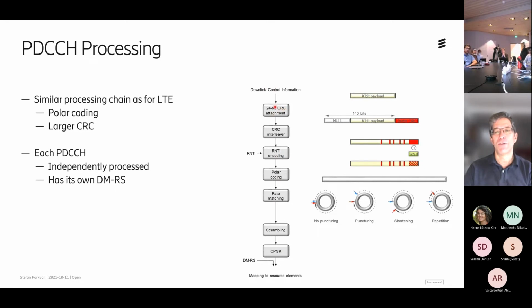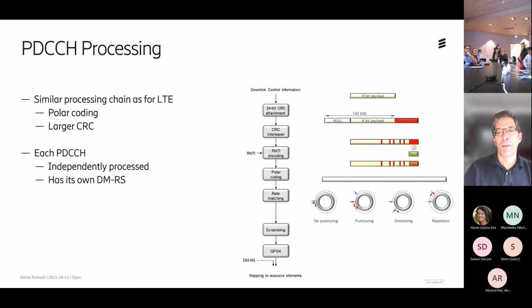We attach a CRC, and we implicitly encode the identity of the device, which UE we are addressing. Each UE has an identity. Then we do coding and rate matching, scrambling, QPSK modulation, etc. And we transmit it with its own DMRS, similar to what you do with data. So if you beamform this channel, you beamform the DMRS as well, and everything is fine.